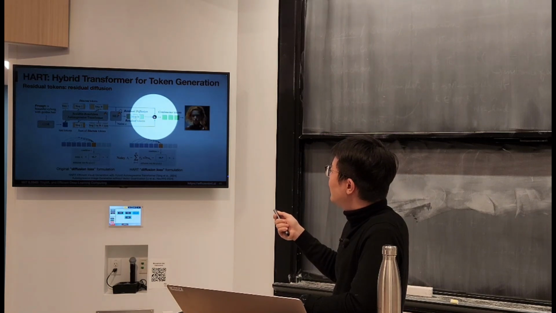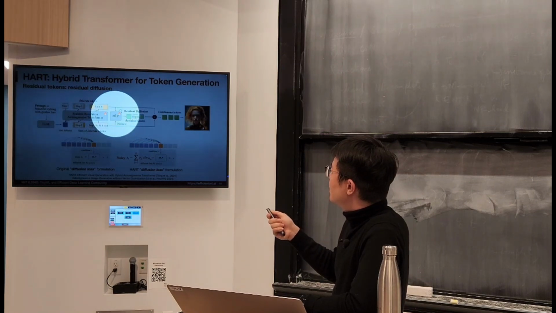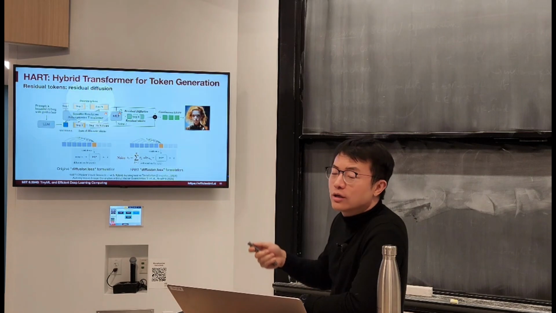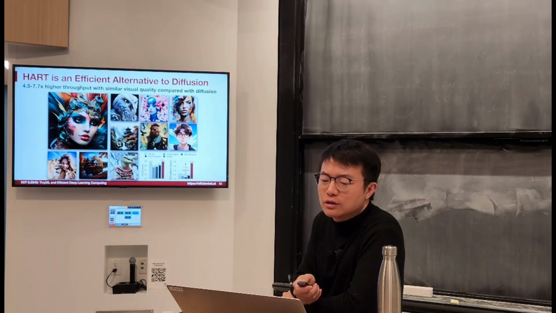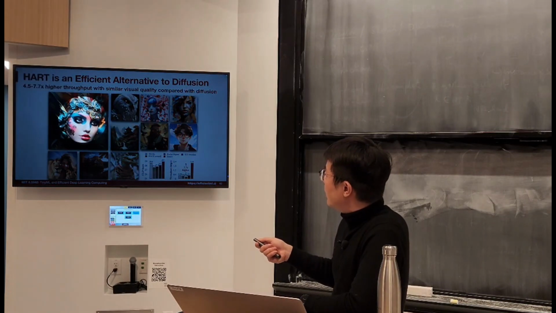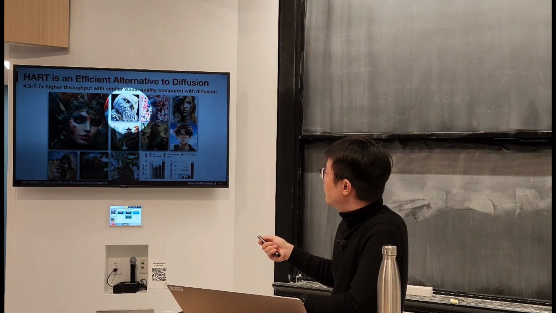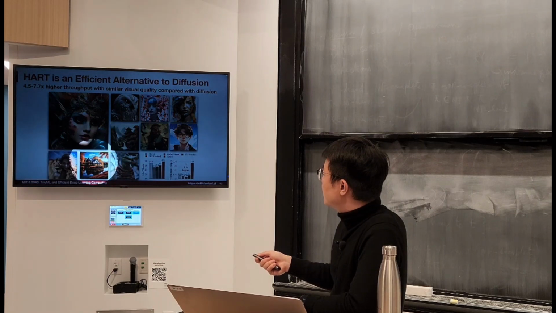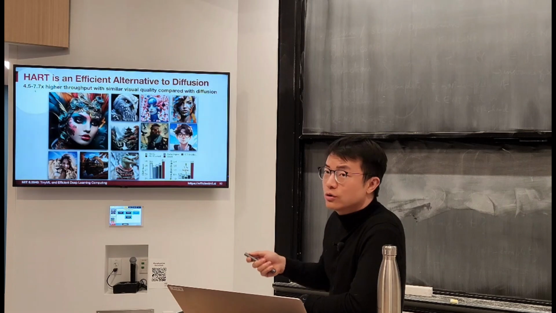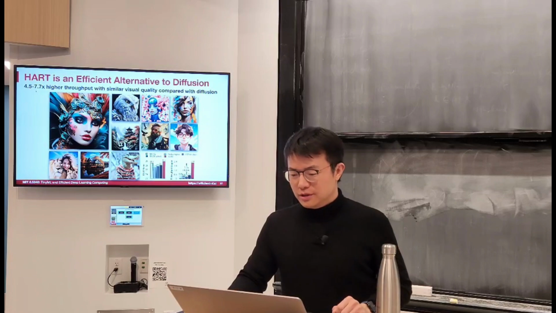And finally, we add the residual tokens with the original discrete tokens to get the final output. And that's how we achieve such high fidelity visual generation here, and also achieve very high throughput.